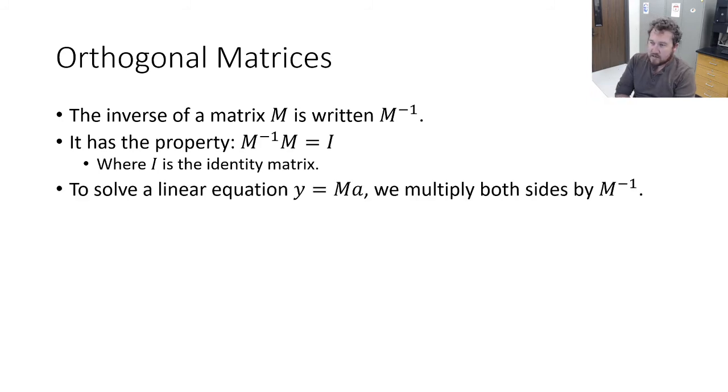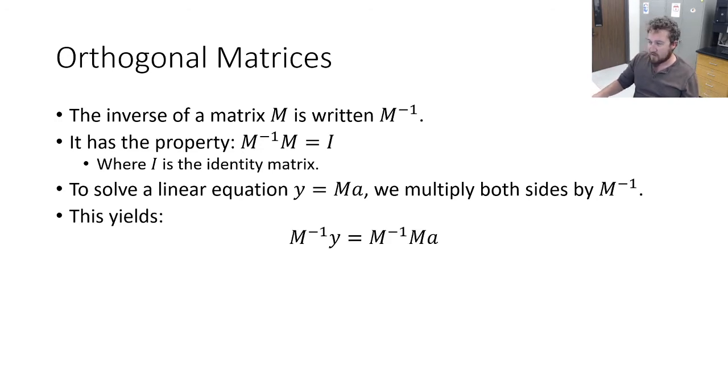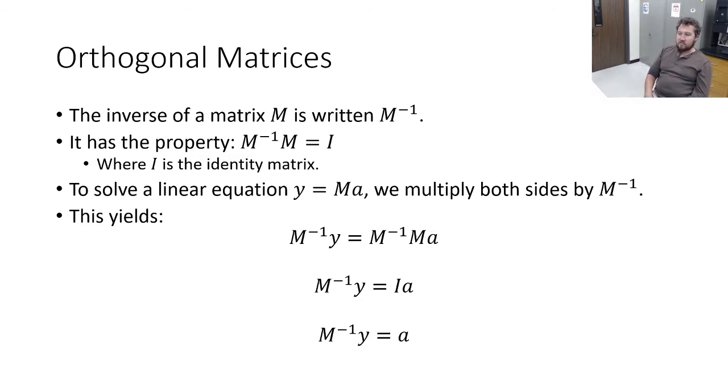So what we want to do here is to solve the linear equation y equals ma, we want to multiply both sides by the inverse of the matrix. Multiplying both sides by the inverse gets us the inverse times y is equal to the identity matrix times a, which leaves us with just the inverted matrix dotted with y gets us a.